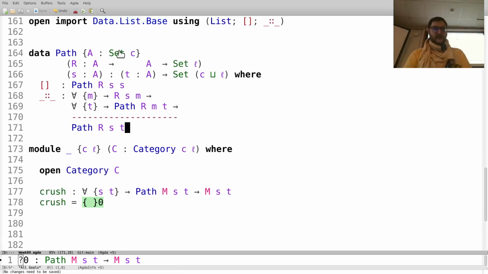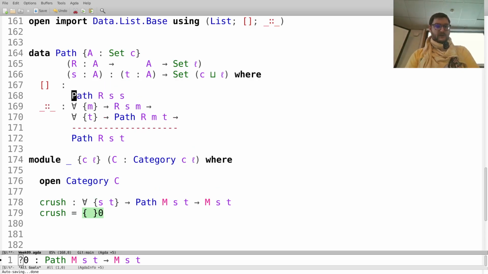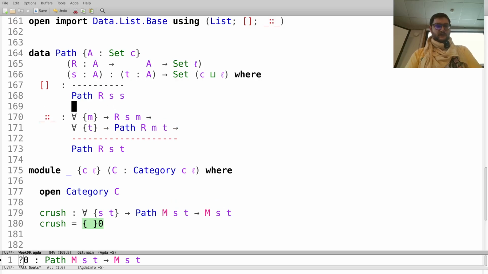I'm also drawing them like this because you can see them as a small proof system for describing what it means to have a path according to R from the source to the targets.